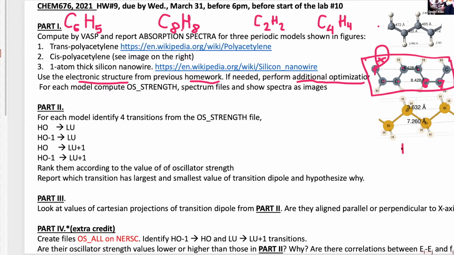Also, the list of elements in the POSCAR should match the list of elements in the POTCAR. So in the POTCAR you have alphabetically hydrogen first, silicon second. Then in the POSCAR it should be the same. If you swap elements in the POSCAR, it will bring some crazy results.